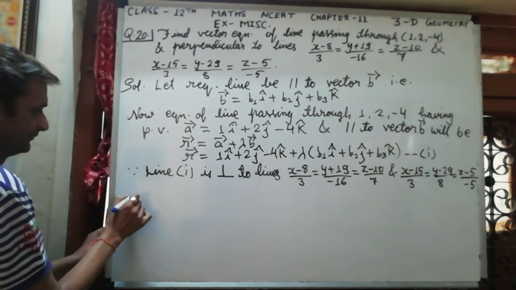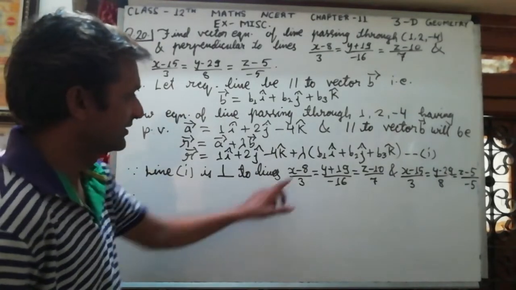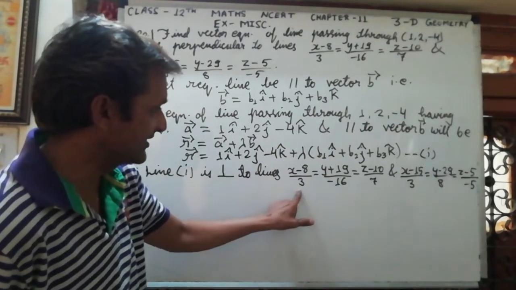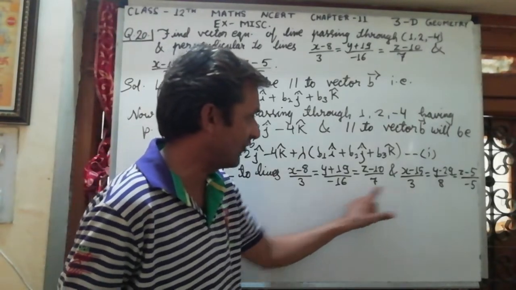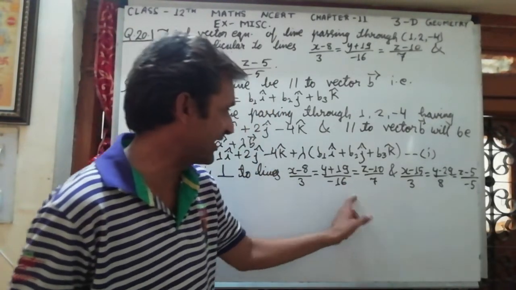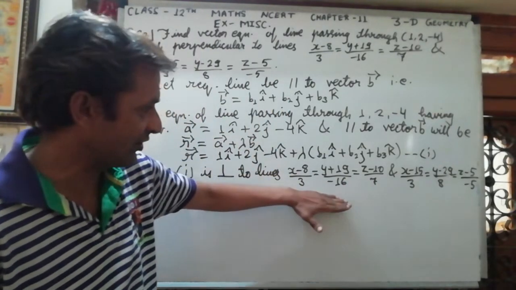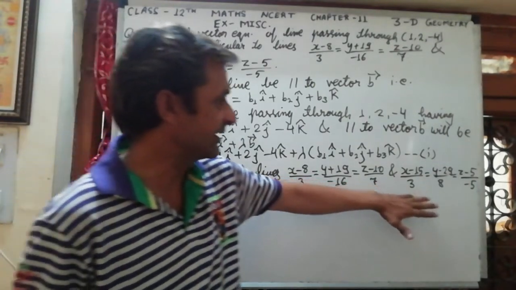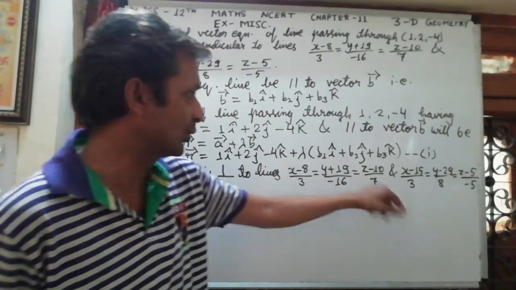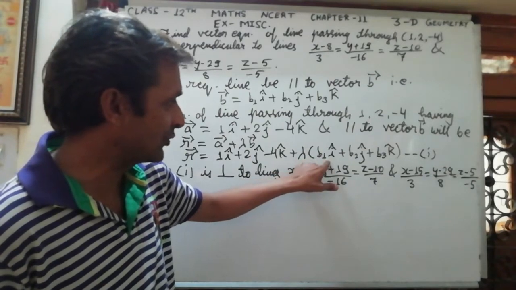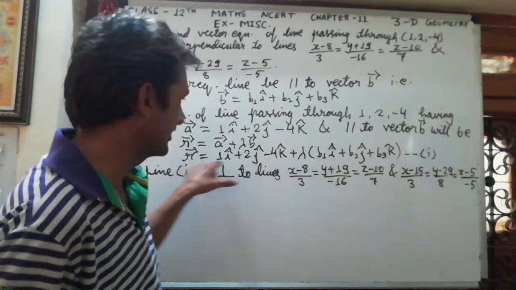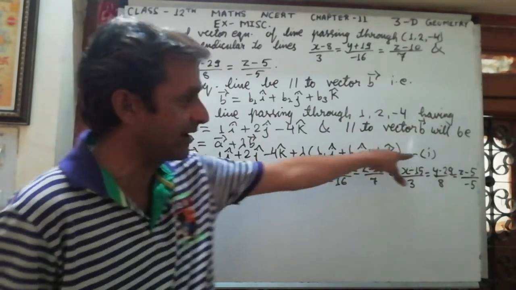Therefore, these are the direction ratios of these two lines: 3, minus 16, 7 for line 1 and 3, 8, minus 5 for line 2, and it is perpendicular to this line, whose vector equation is represented by equation 1.